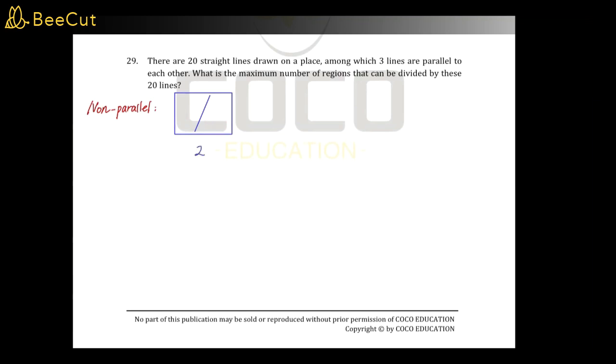Then for the same plane, if we get another line, this cuts into 4 regions. So 1, 2, 3, 4.